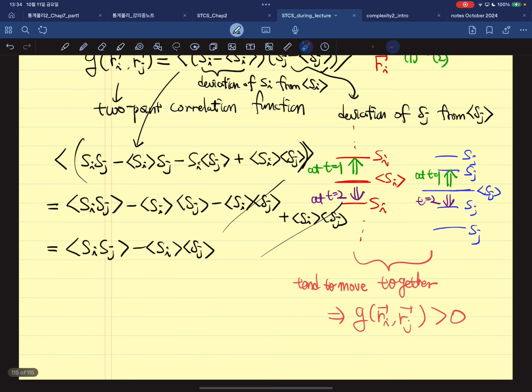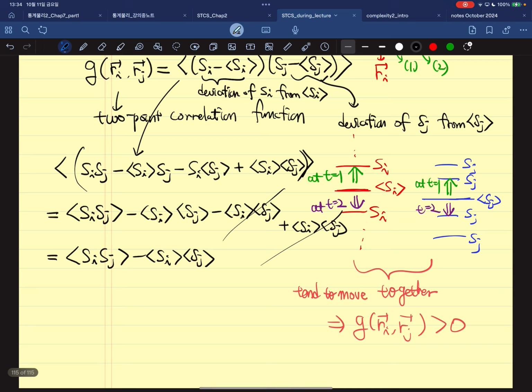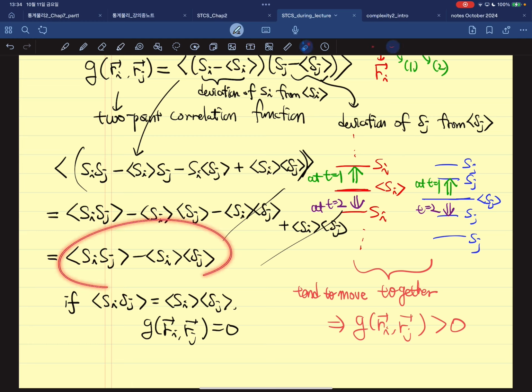So for example, if the average of SI SJ is the same as the product of the two averages, then of course this correlation function is 0, because this is the definition of the correlation function.